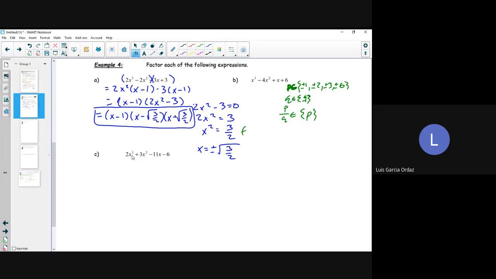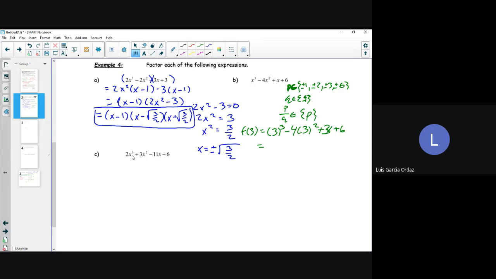So f of 3 is equal to 3 to the power of 3 minus 4 times 3 to the power of 2 plus 3 plus 6. You can pick either positive or negative 3. If you want to pick negative 3, we could have done negative 3.